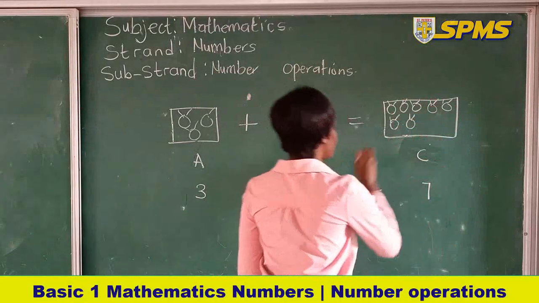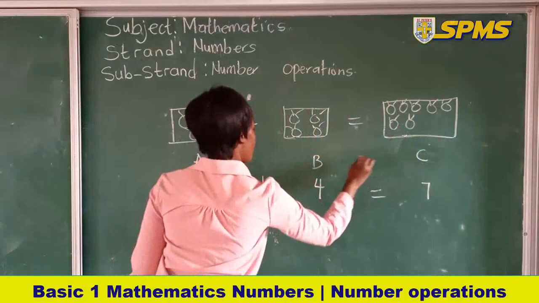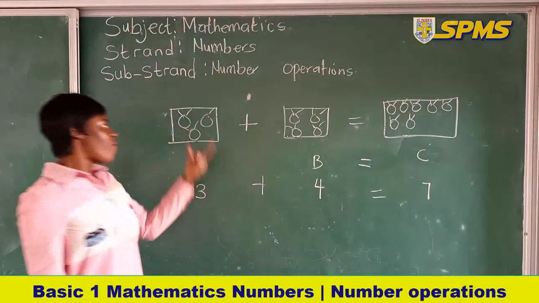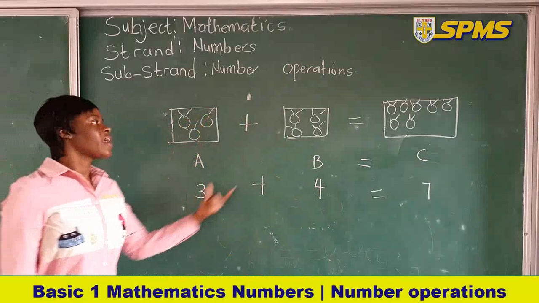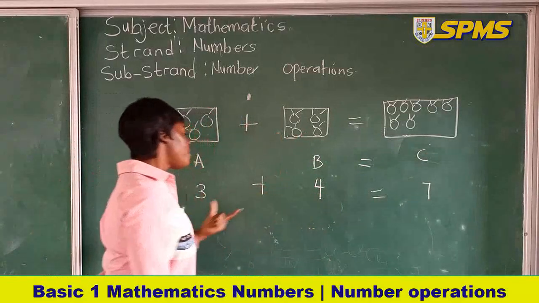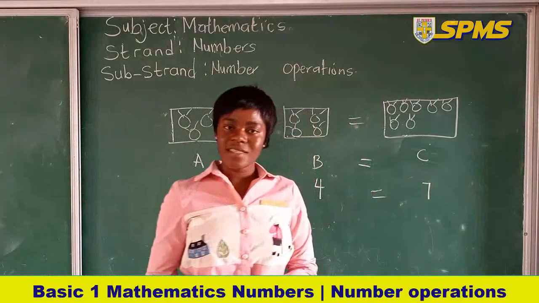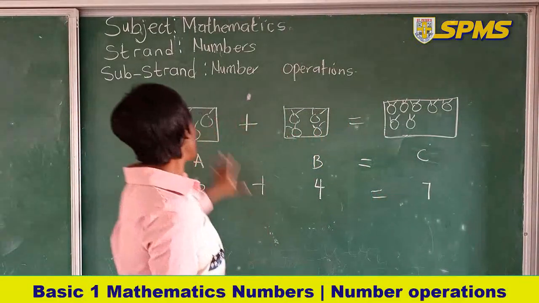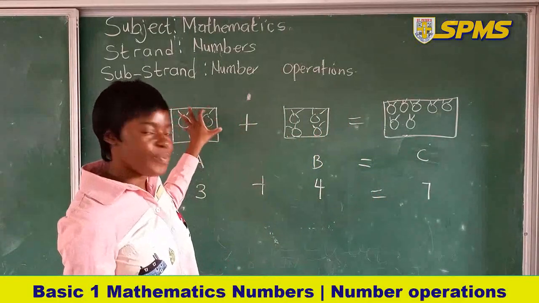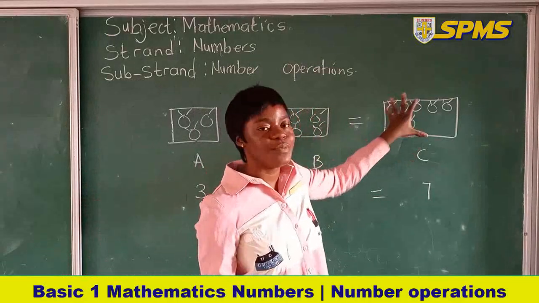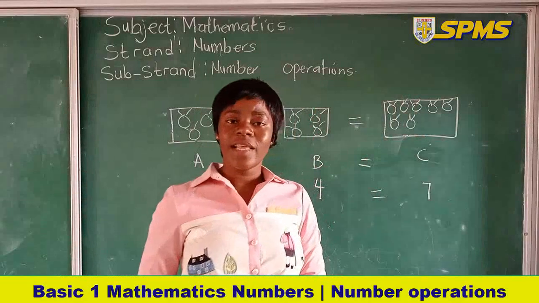Let's bring our equal to sign. A plus B is equal to C. Therefore, A is 3, B is 4. 4 plus 3 will give us 7. Is this difficult? No. You add your number in group A to group B, then you get your group C. Very good. Now let's move on.